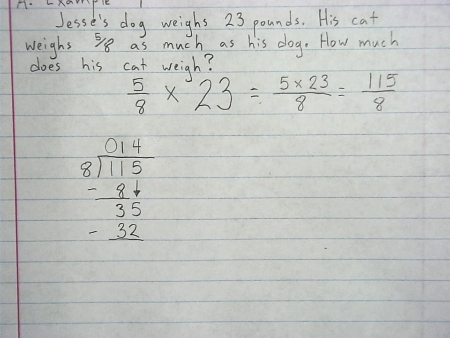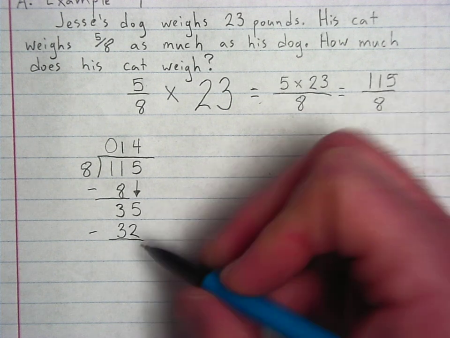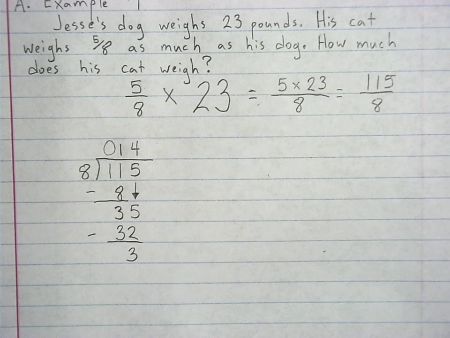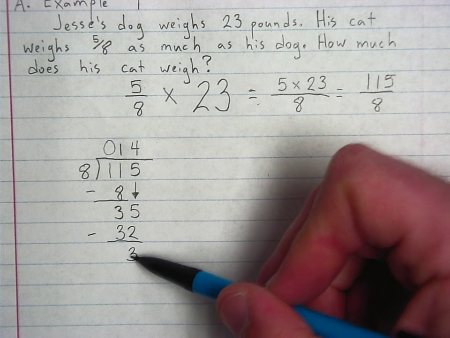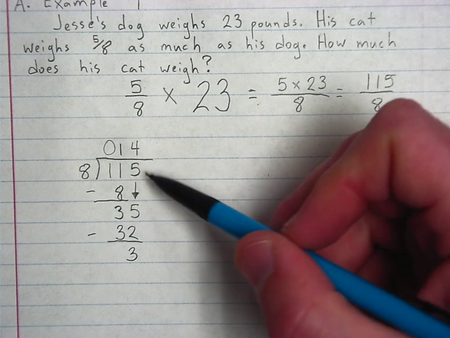Subtract those out. 35 minus 32, you get 3. Now, I have a couple options here. I could stop where I'm at. There's nothing else right now to bring down. I could just write 3 as a remainder, 3 over 8.